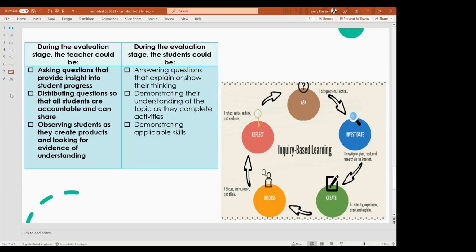And the last, we're almost done. The last part is the evaluation. At this stage, it's really good for you as a teacher to know this was based more or less on the objective of the line of inquiry, the inquiry learning process. This is what I wanted the students to be able to do, to discover, to investigate.